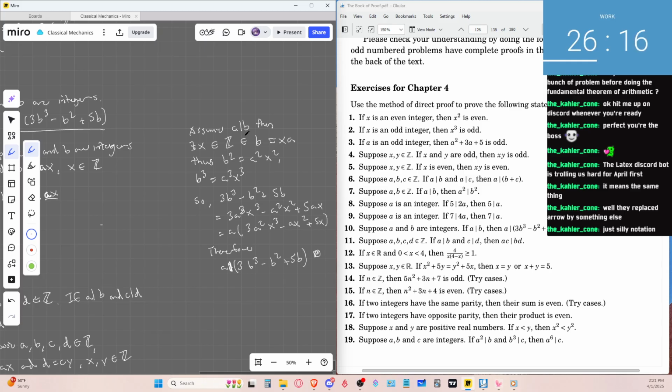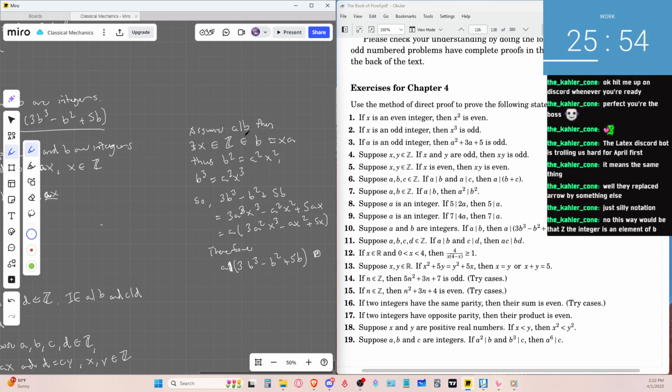Let's see, there exists an X, which is an element of the integers, which is also an element of B, equaling X, which A, thus squared. So. Oh. Okay, so they want you to use the property of B as sort of a thing that tells you that A will still divide into that. So this way would be that z, the integer, is an element of b. Oh, okay.